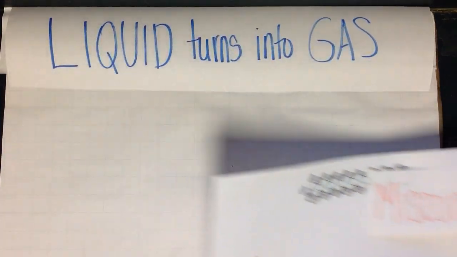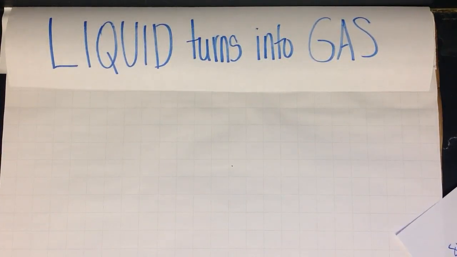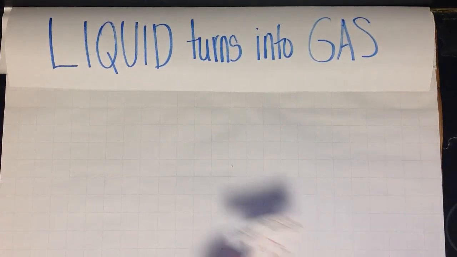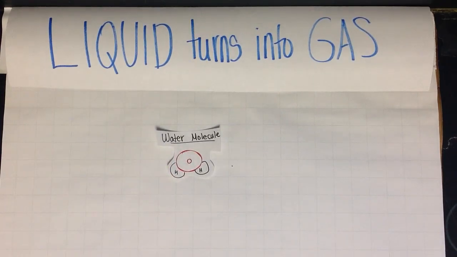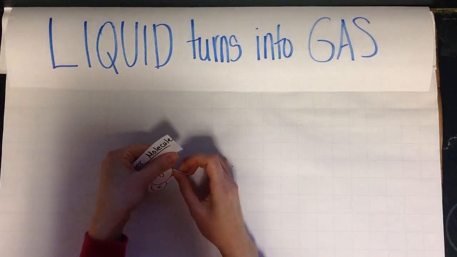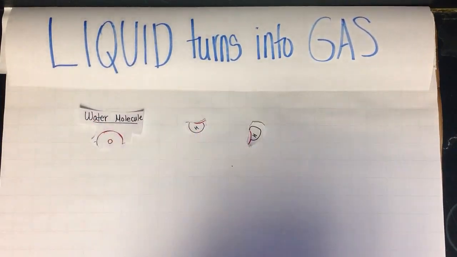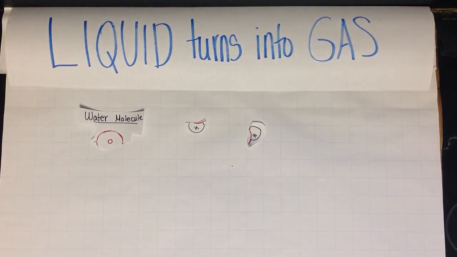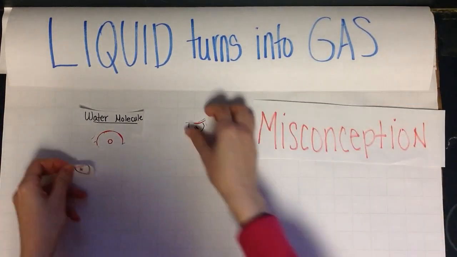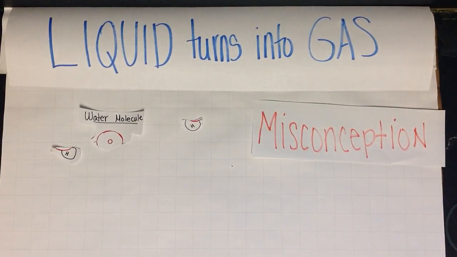So let's bring back our water example just to make sure you remember that. Our water molecule, seen here, when it evaporates, does not break an H off and an O off. This is a misconception. This is not what happens when water evaporates.